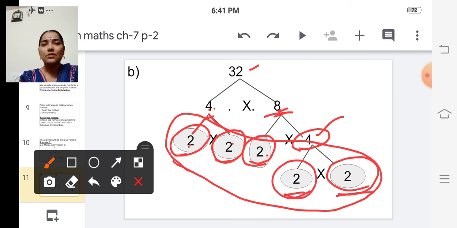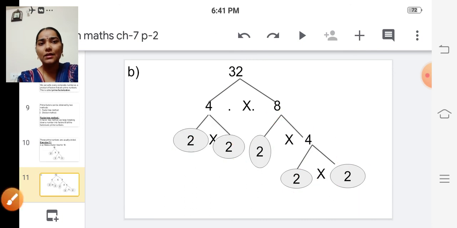So we have to break down the given number into its factors until all factors are prime numbers. This is called prime factorization by factor tree method.